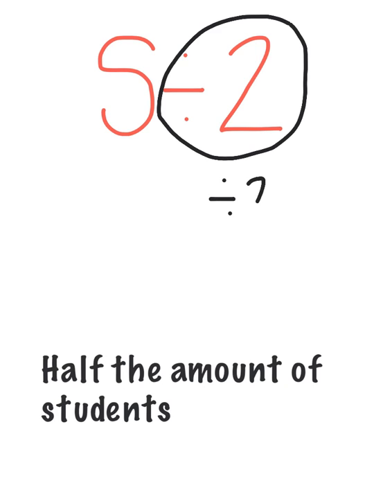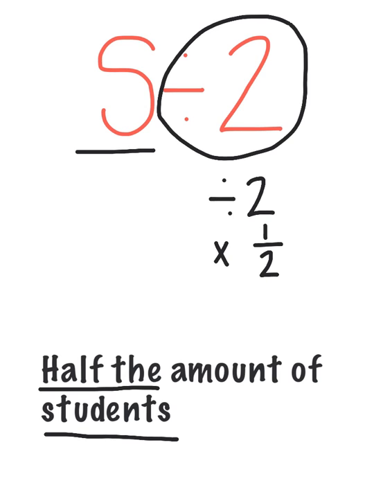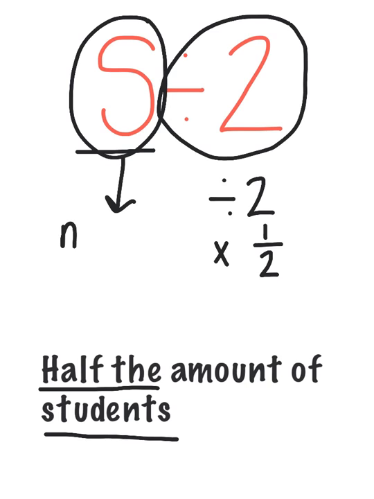Divided by 2 means the same thing as multiplying by 1/2. So if I said I have half, that would be dividing by 2. And then the amount of students is what I'm representing with my variable S. So S is the number of students.